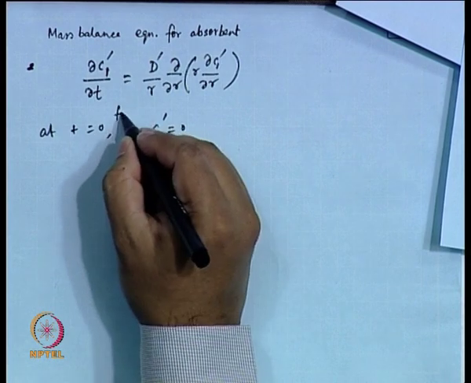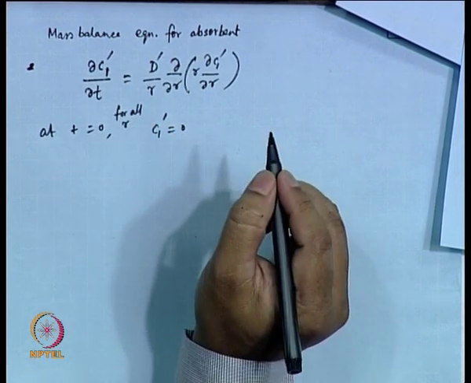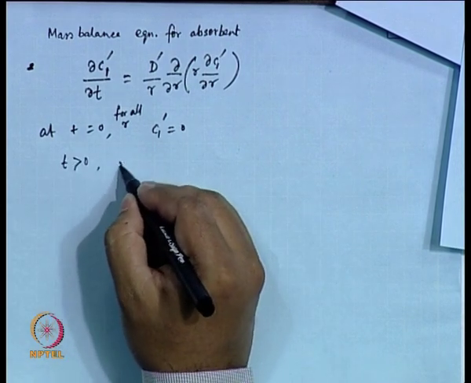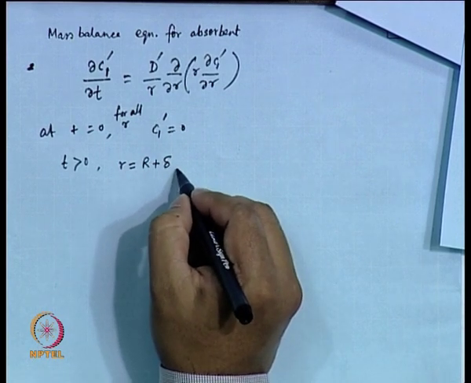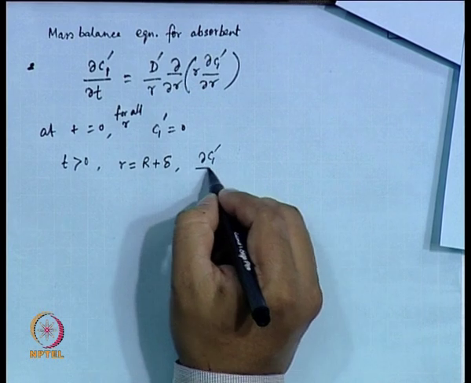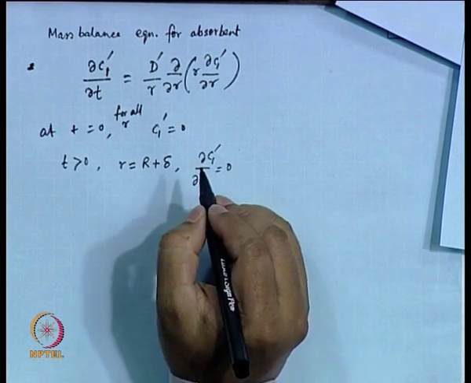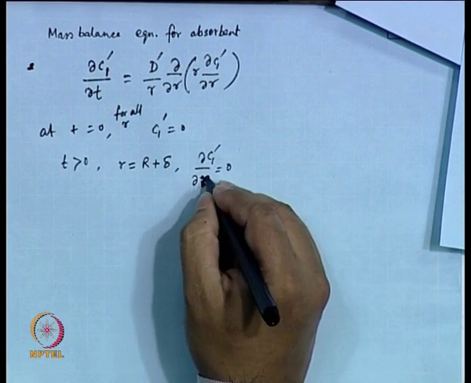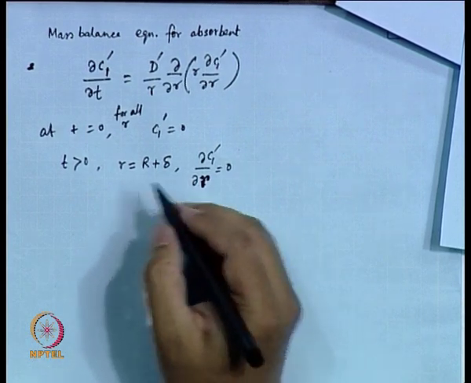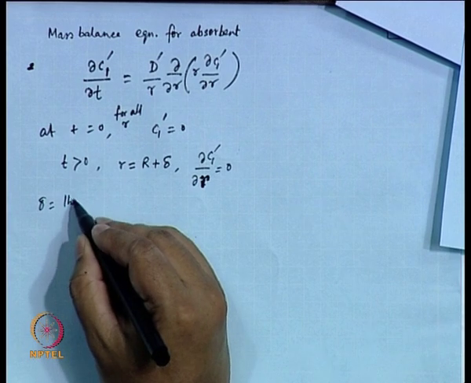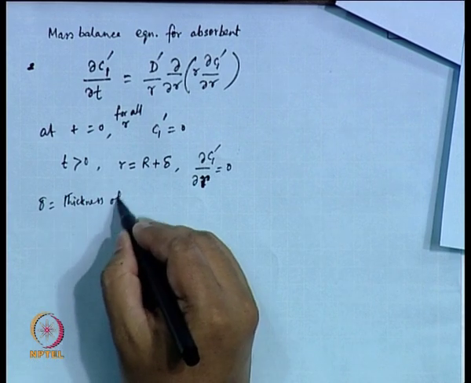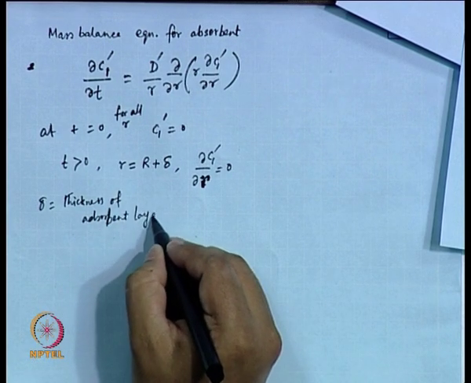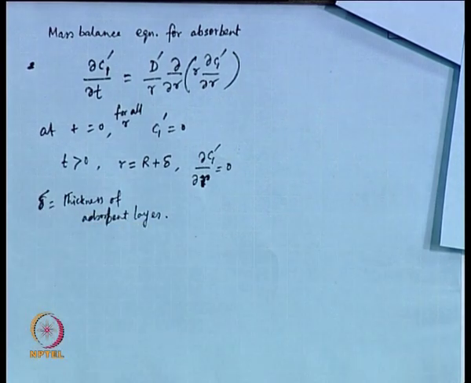And for t greater than 0, at r is equal to r plus delta, del C1 prime del z is equal to 0, and del C1 prime del r is equal to 0, where delta is equal to the thickness of the adsorbent layer.